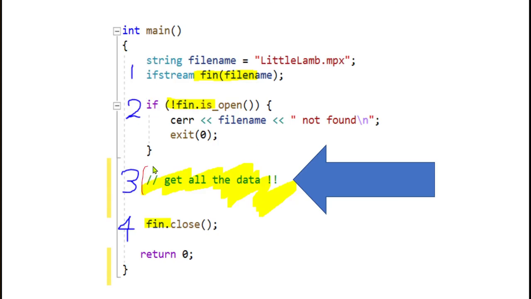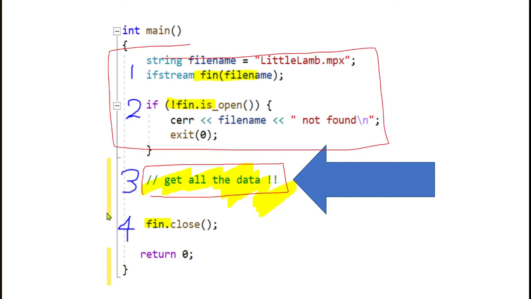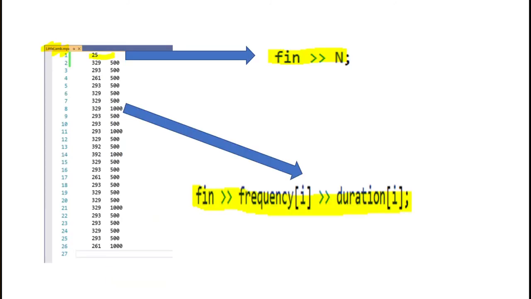So where am I up to? This part. I know how to open up the file and see if it's open. I know how to close the file up. Now get the data. Great. I'm partitioning my problem into parts. Now, here's my file. This is the file that we created a little while ago. The first thing I want to read in is the number.